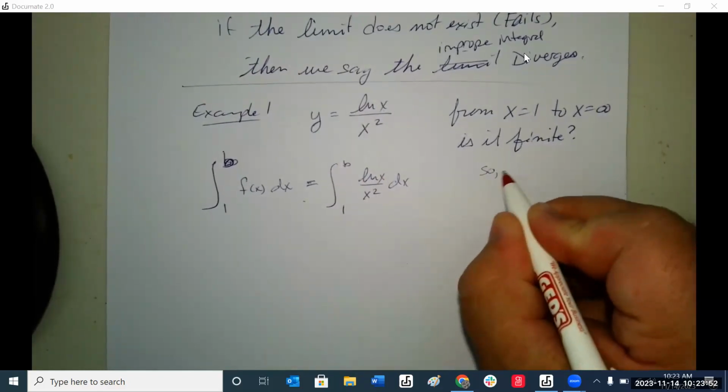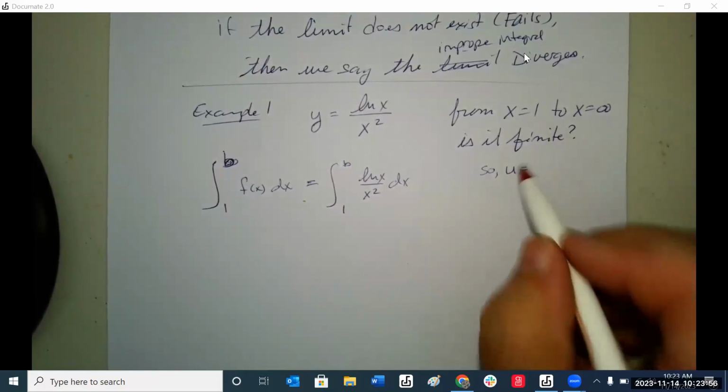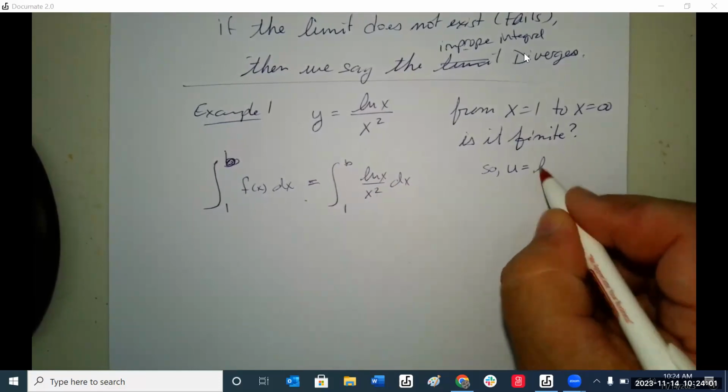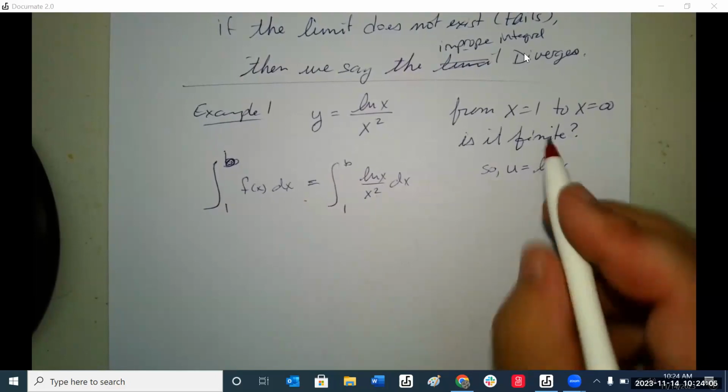Remember the ln x, because then the derivative of that is easy.